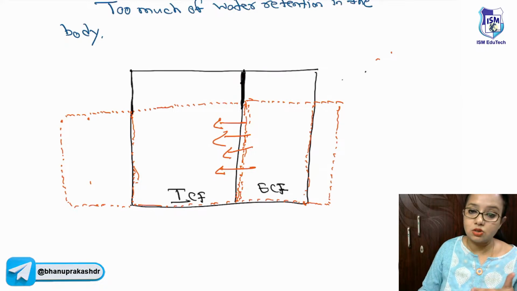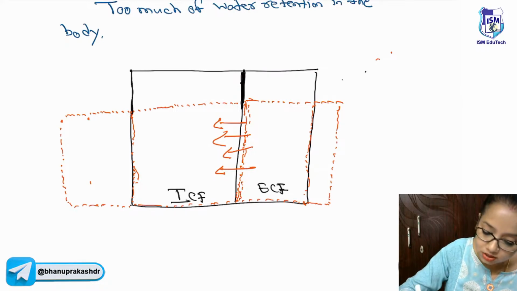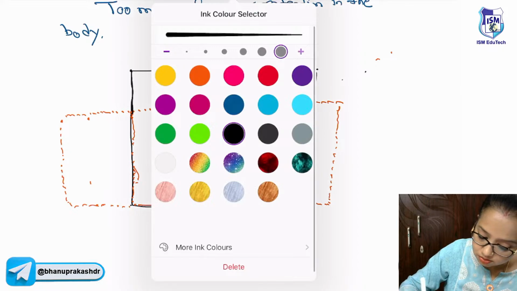So in case of too much water retention, what are the points that we can write for us to remember?